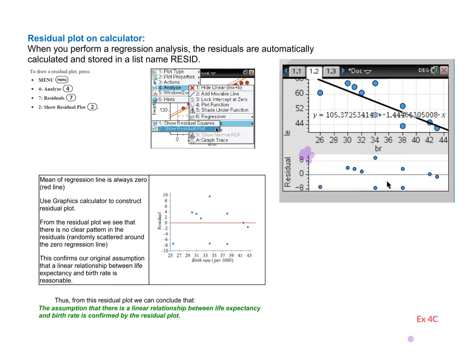When it's random scatter, it is linear. From the residual plot, we said no clear pattern in the residuals, and this confirms our assumption that it is linear. So if the residual plot is random, you'll say it's linear.